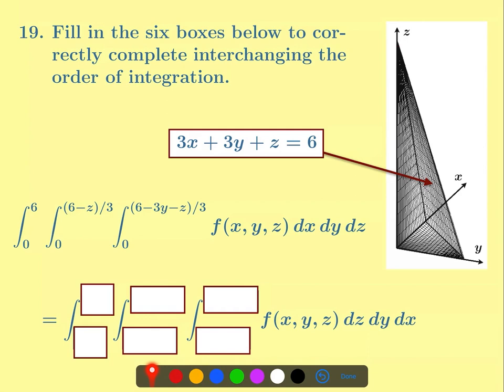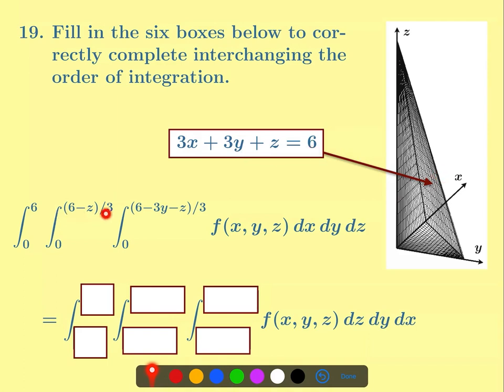We also get other information like this line right here in the YZ plane. That's on the back here. If I want to know what the equation of this line is in the YZ plane, well, the YZ plane is where x equals 0. So I just take x equal to 0 to see where this plane intersects the YZ plane, and I get 3y plus z equals 6. That's this line.